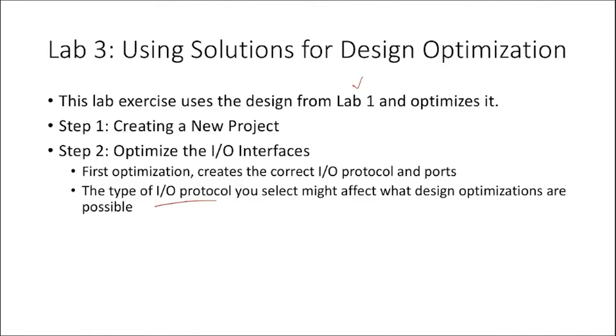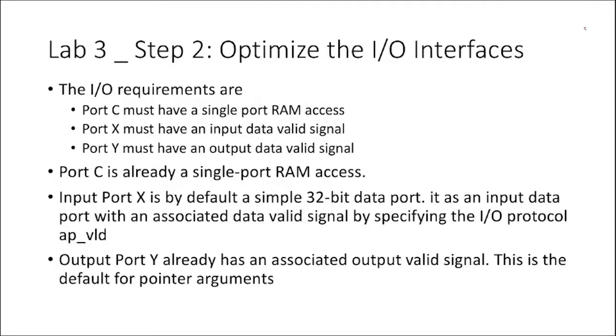In this lab, the I/O requirements are: port C must be a single port RAM access, port X must have an input data valid signal, and port Y is the output data valid signal.